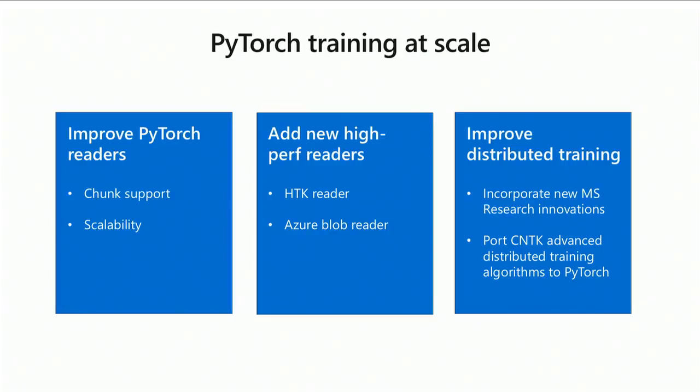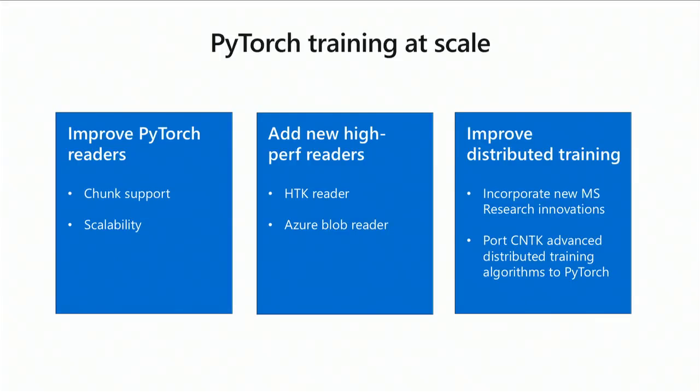So what we want to do is first improve the existing PyTorch readers and make them high performance. And also we plan to add new PyTorch readers to deal with two kinds of data formats, HTK and also Azure Blob.